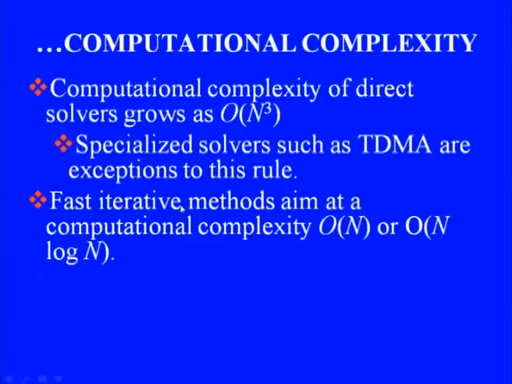And we have another category of algorithms which we call fast methods, more precisely fast iterative methods. Their aim is to obtain a computational complexity which grows linearly with the system size, that is, of the order O(n) or O(n log n).